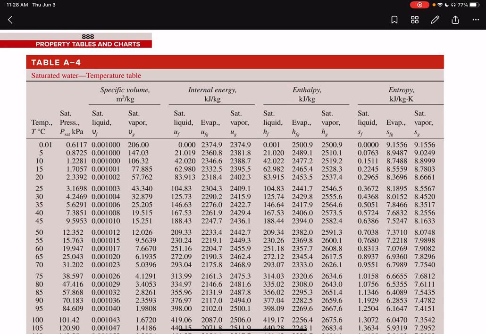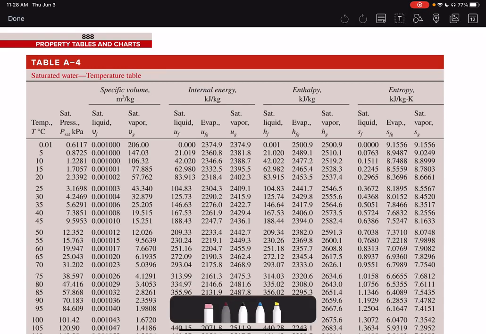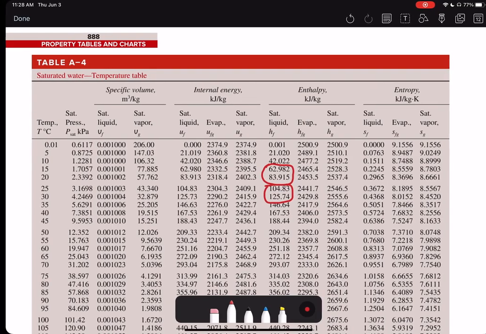If we go to our tables, we can go to 18 degrees, and we obviously do not have exactly 18 degrees, so we have to interpolate between these two values to get the H1W. To get H2W, you would use 26 degrees, which again, you would have to interpolate between these two values right here. I'll let you do the interpolation by yourselves.